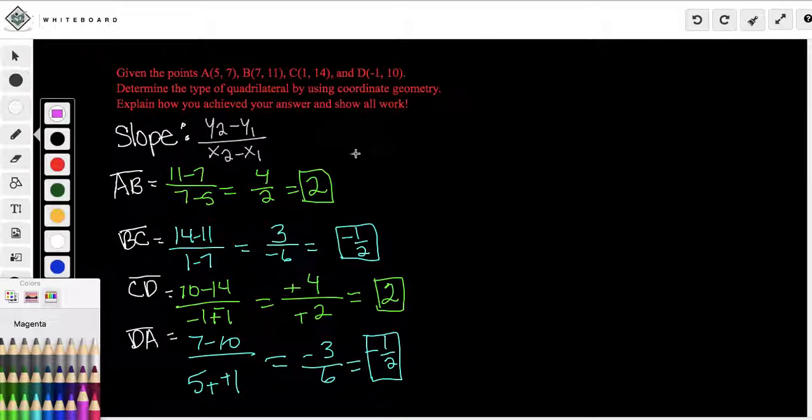So if every other set is perpendicular, then you're going to have either a rectangle or a square, because it's not going to be a slanty parallelogram, rhombus, anything that slants, because these are definitive opposite reciprocals, right? 2 is the opposite reciprocal of negative 1/2. So we have narrowed it down now to square or rectangle.